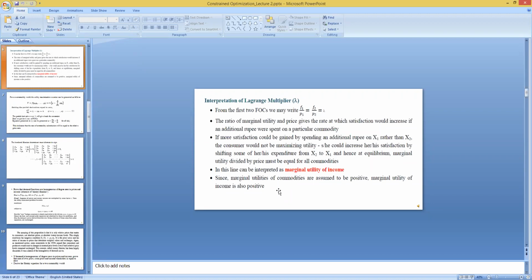Next, we will consider several properties of this ordinary demand function. We will discuss some elements related to this ordinary demand function. So derivation of the ordinary demand function, that is complete.